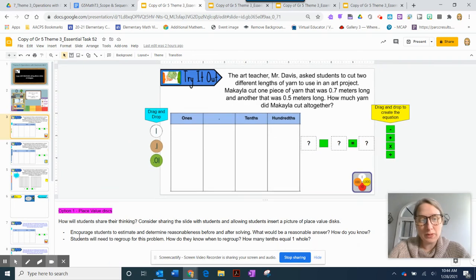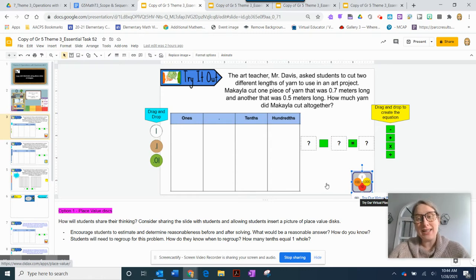This one option is with place value discs. So think about how students are going to share their thinking. They could either use the discs in this slide. They could use the Didax app, which is linked here, that will take them to place value discs and they can copy and paste, or they could take a screenshot of their work.